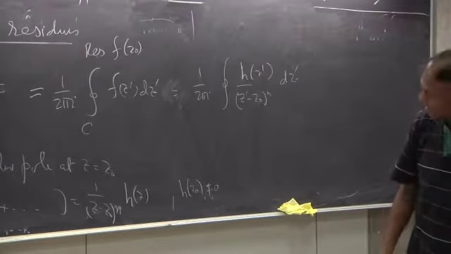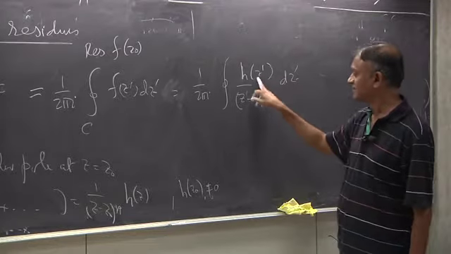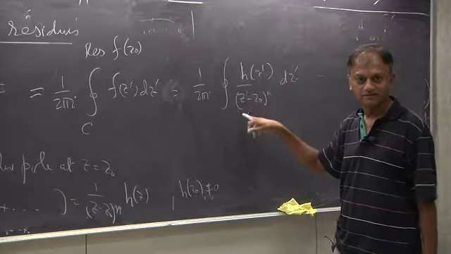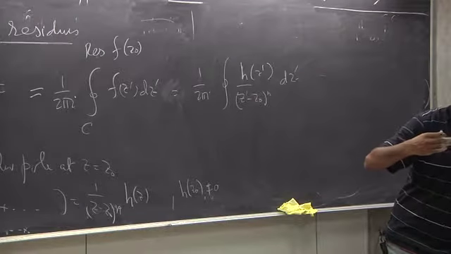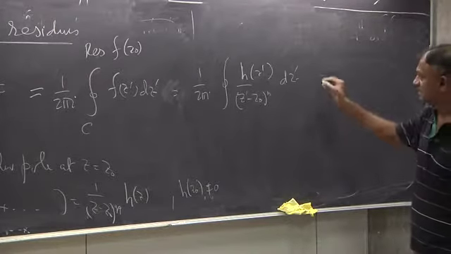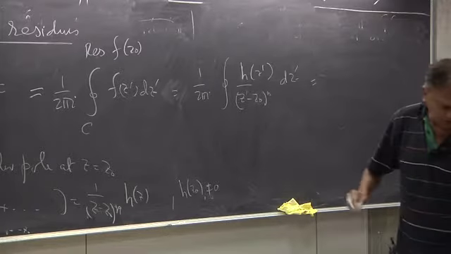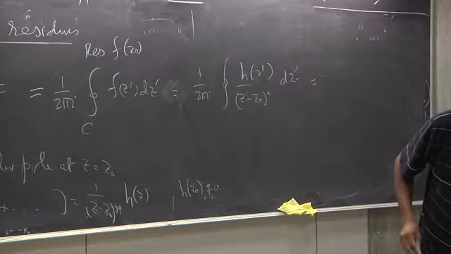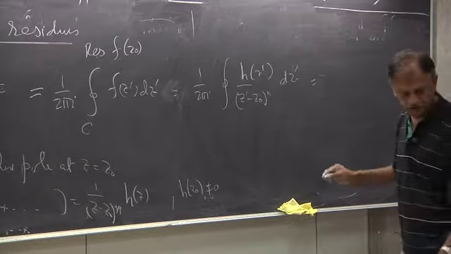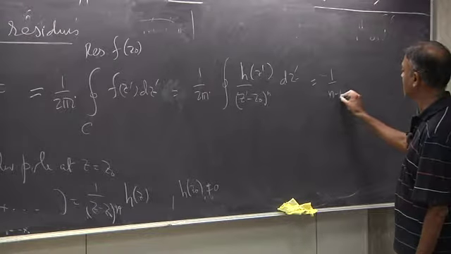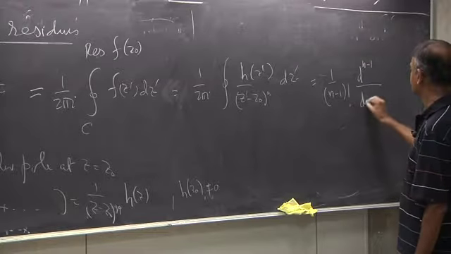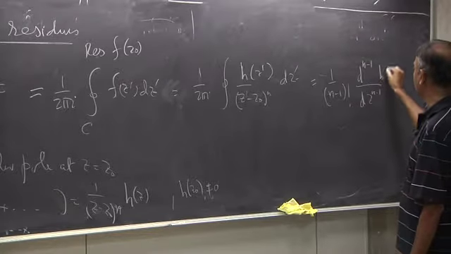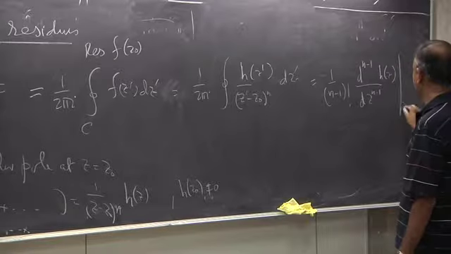Now, since h is an analytic function, this gives you a derivative. There was this formula for the derivatives of an analytic function. So this gives you 1 over factorial n minus 1 times the n minus 1 derivative of the analytic function h of z at z0.